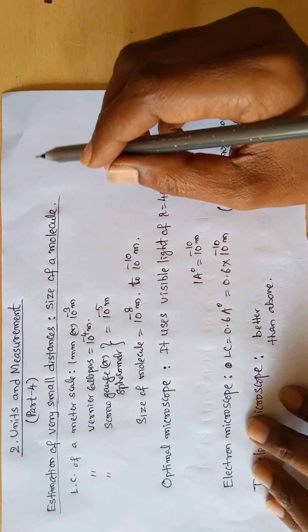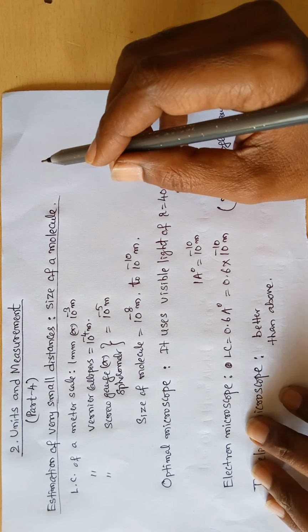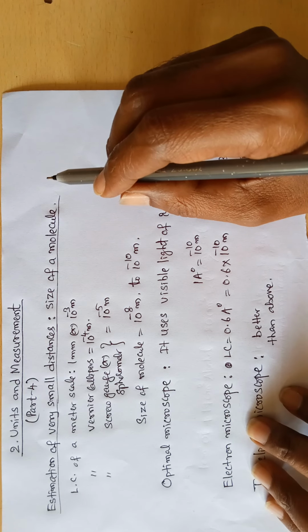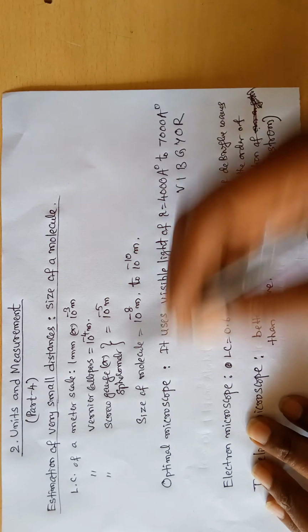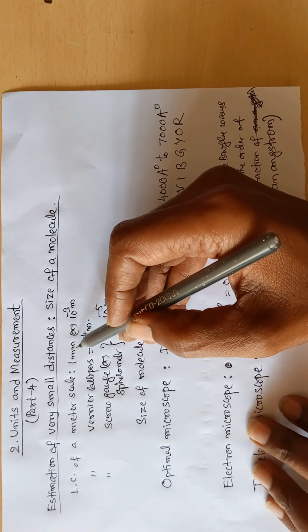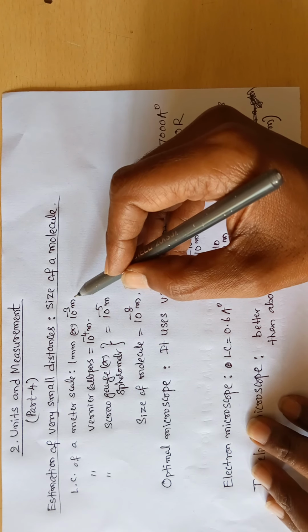Okay. Previously, we considered under the direct method several instruments. Let us see what was their least count. The least count of the vernier meter scale was just 1 millimeter. Milli means 10 power minus 3 meter. It's the least count.